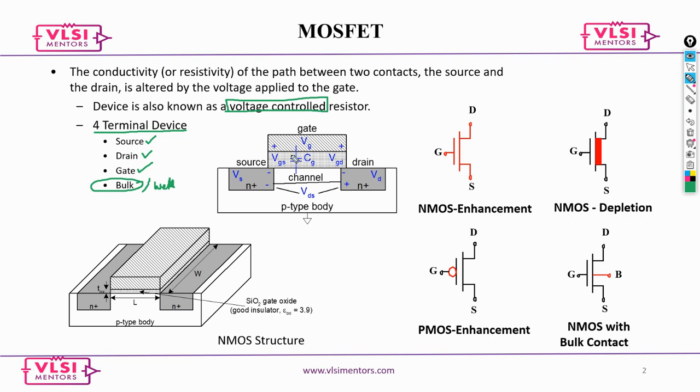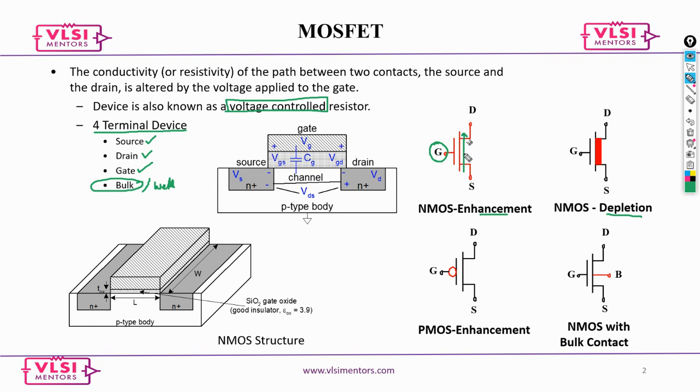If you look at the transistor, there are two types. One is the enhancement mode MOSFET, and the second is depletion. What is the difference? In enhancement, when you supply a voltage, it conducts.